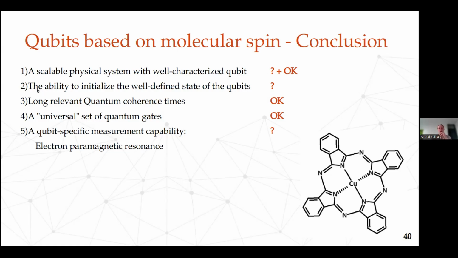It's not really clear how you initialize the qubit to a well-defined starting point, as if you want to cool the system in order to put all spins to the ground state, you need microkelvins or even lower temperatures, and it can be done for a few molecules, but it's problematic for larger and fast quantum computers.